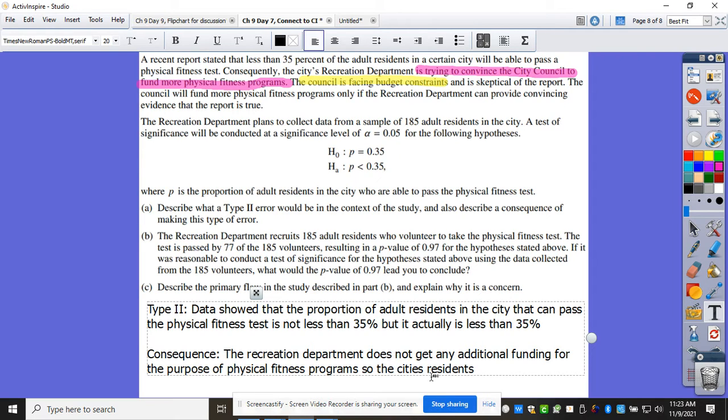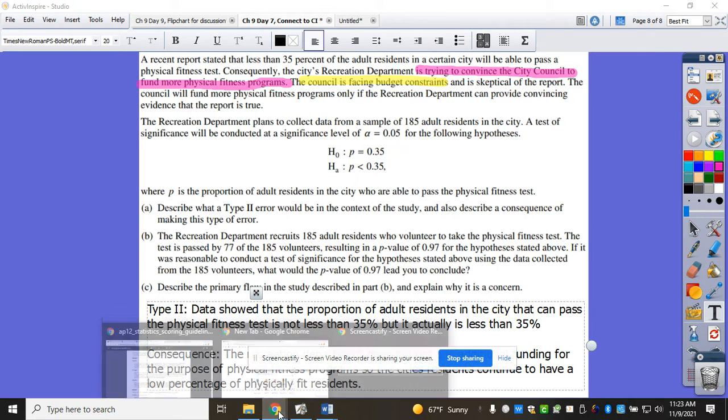The proportion of the city's residents continues to be a low percentage. Something about that, like whatever was bad about the fitness level remains bad.